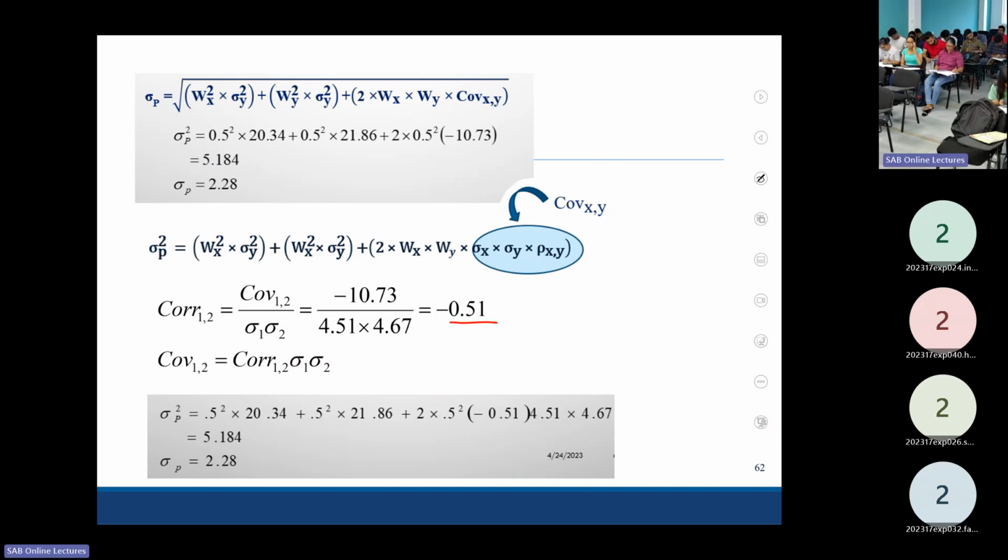It will get the same answer. In the formula, instead of the covariance, covariance is equal to standard deviation x, standard deviation y, correlation coefficient x and y. If you apply this, you will get the same answer. You can extend the double summation formula using the correlation coefficient also.